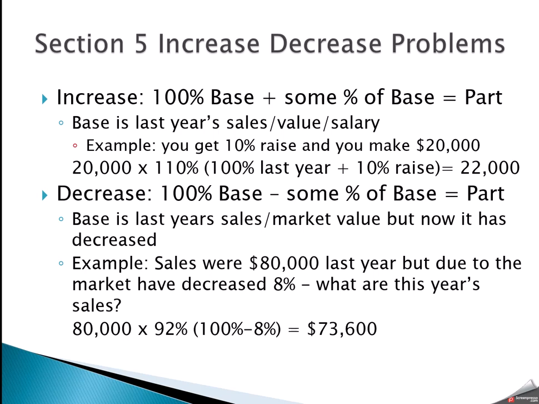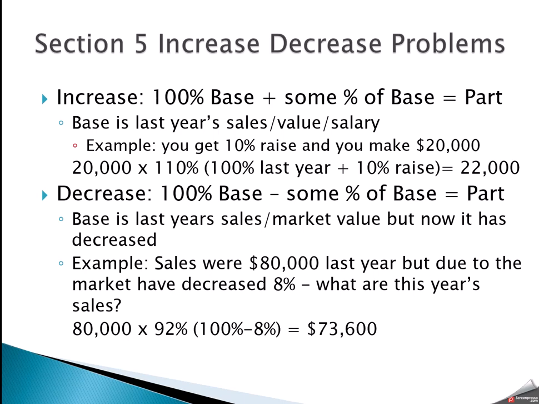So then you want to put it into the formula: my part is 22,000, and that's equal to my base times 110%, or 1.1. Then you'll divide both sides by that 1.1 and you'll get the 20. What students do is they use their calculator and just subtract 10% from the new number. That gets you close, but it doesn't get you correct. So be careful not to just shortcut it on your calculator.